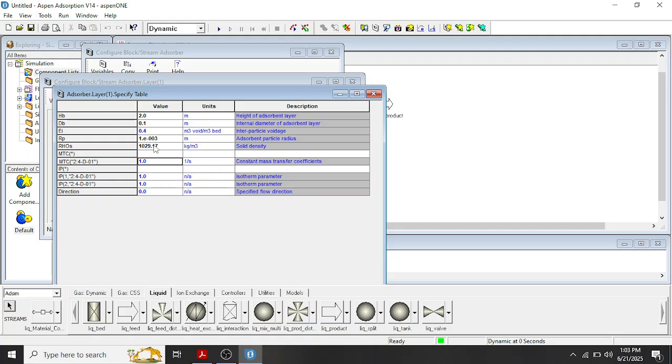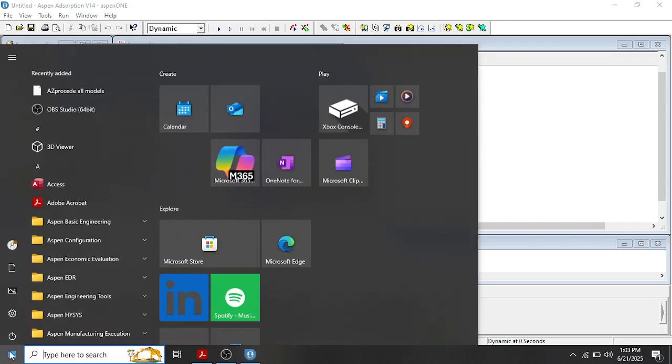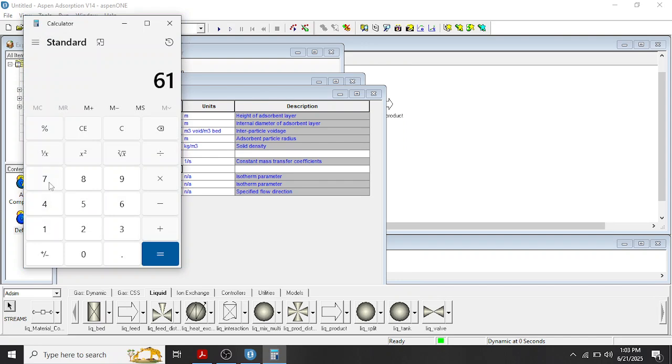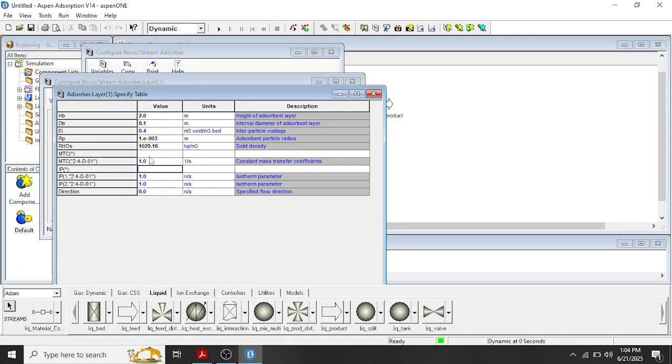You can use your calculator to check this value.